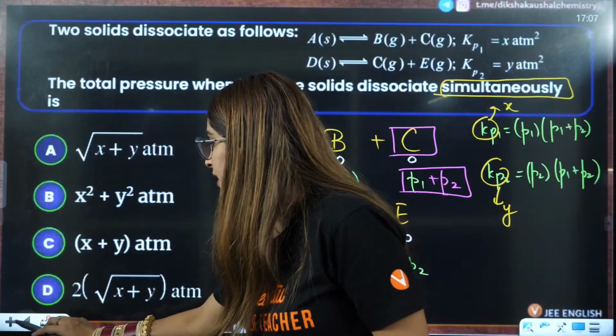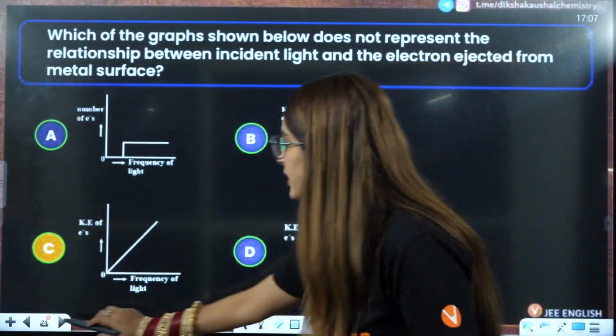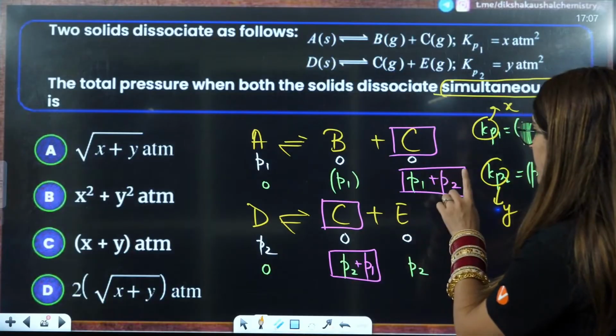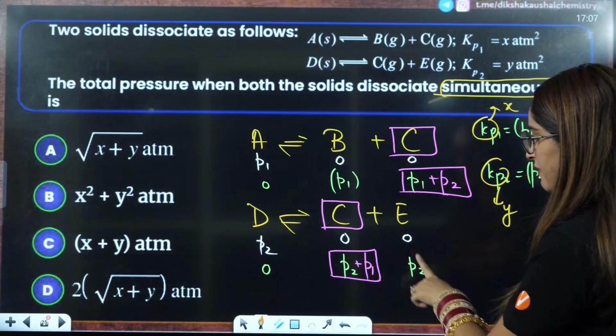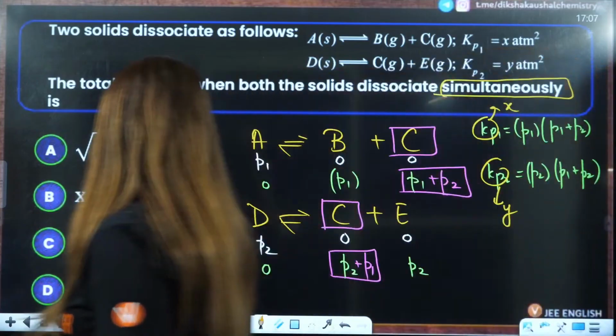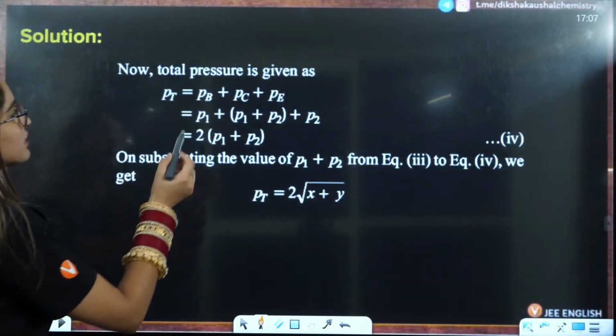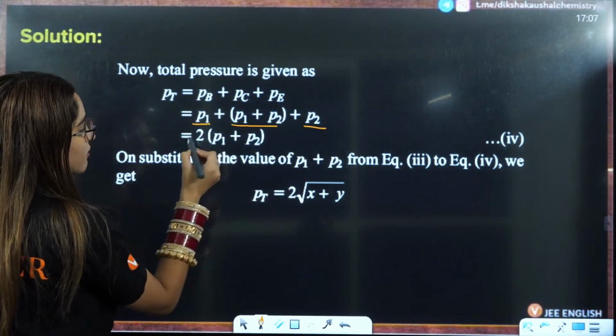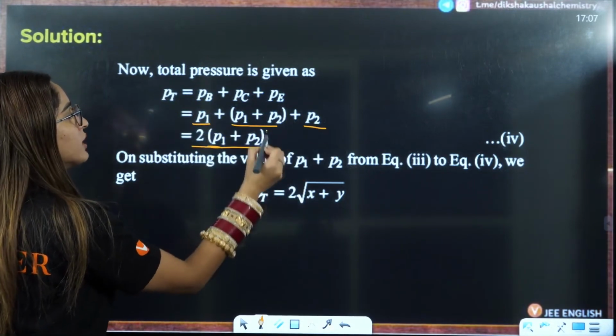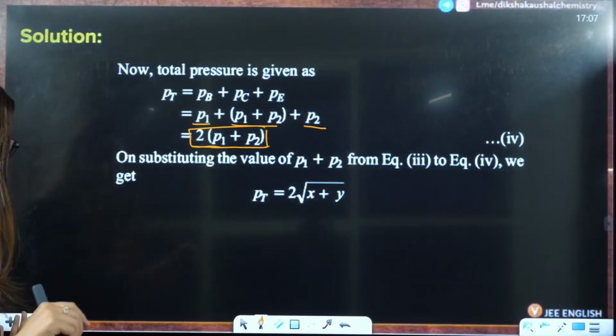One thing to remember here is the total pressure. Total pressure is P1 plus P1 plus P2 plus P2 plus P1 plus P2, right? That is the total pressure that you have. That means the total pressure is P1 plus P1 plus P2 plus P2, which will become 2 into P1 plus P2. Why has it become this?